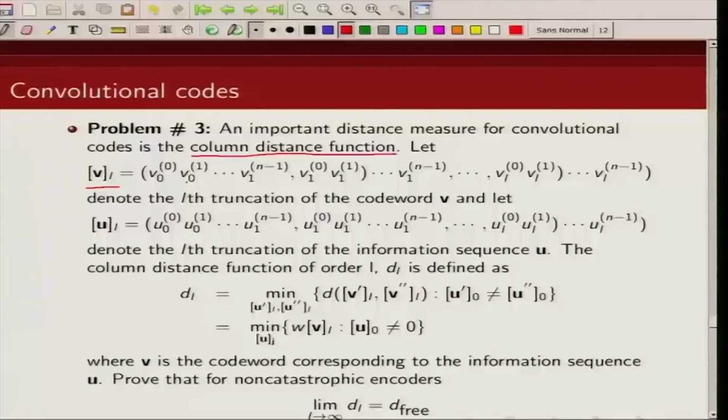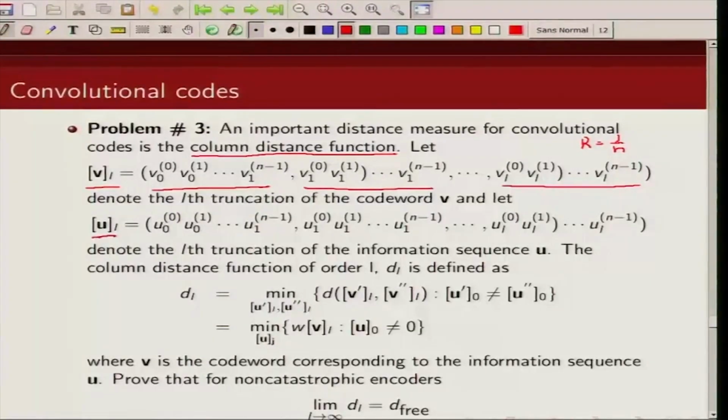So, this will be V0, V1, up to V n minus 1, then V n, and so on, because let us say this is a rate 1 by n code. Then for the first time instance you have n bits, for the second time instance you have n bits, and then for L time instances you will have n bits each. So, this is your truncated code word up to time L.